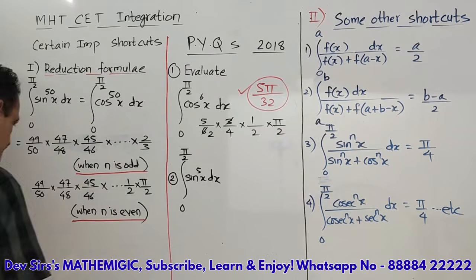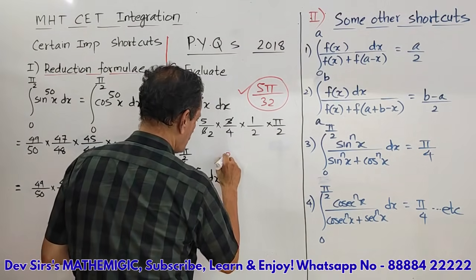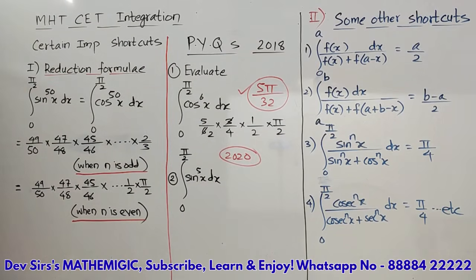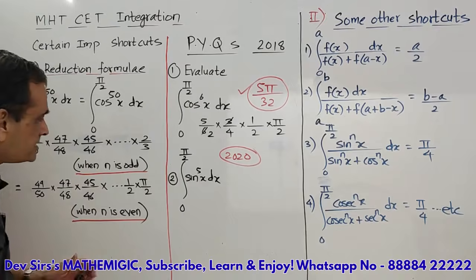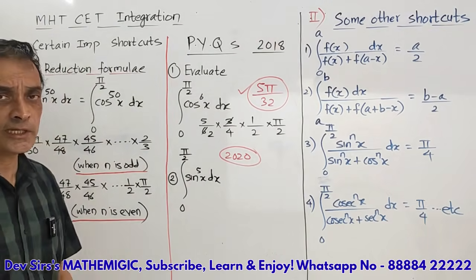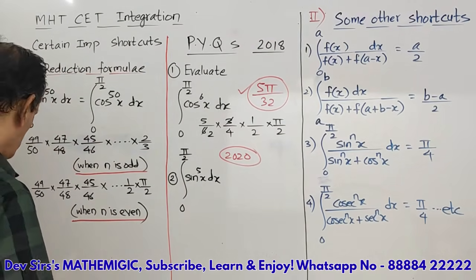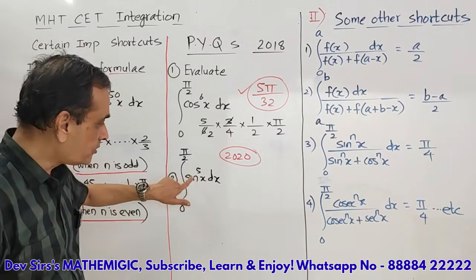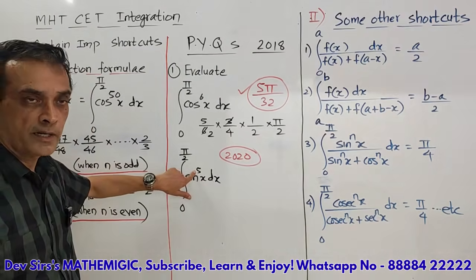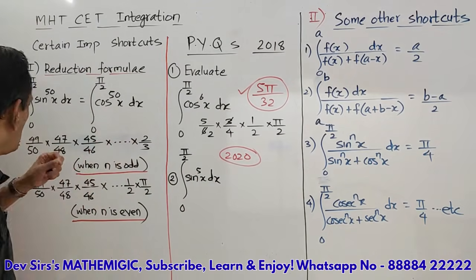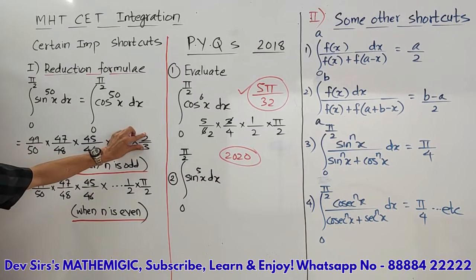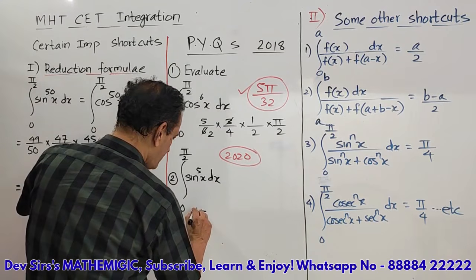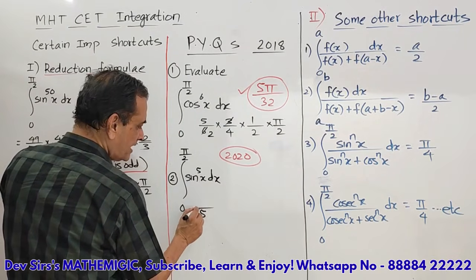Next. Two zero two zero. But don't forget the condition, 0 to pi by 2. बाकी कुछ चलता नहीं. 5, ये देखो 5 ऑड है क्या इवन है? ऑड नंबर है. ऑड नंबर है मीन्स फाइनल नंबर विल बी 2/3. देखेंगे. करो स्टार्ट. 5 इन द डिनोमिनेटर. 1 less than 5 is 4.